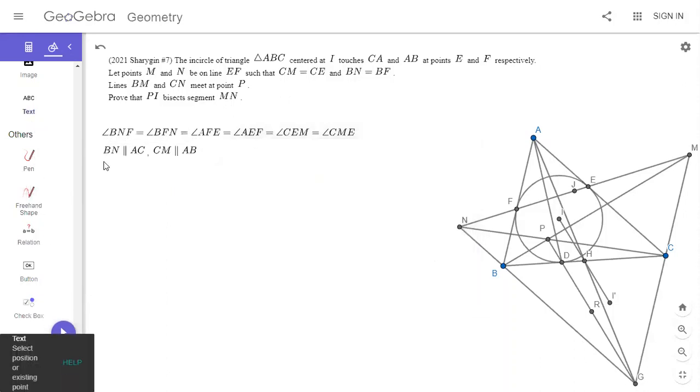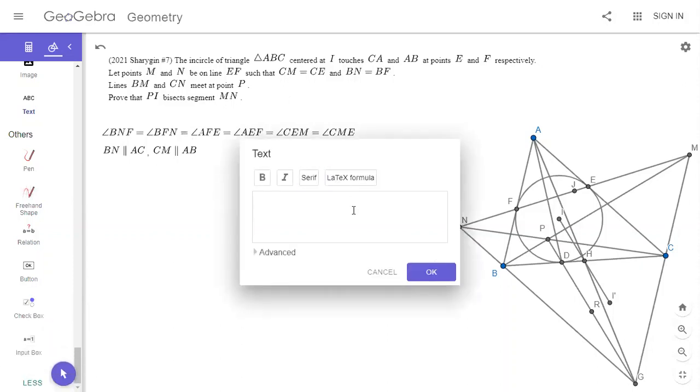Okay, and then extend BN to meet CM at point G. So ABGC is a parallelogram. All right.